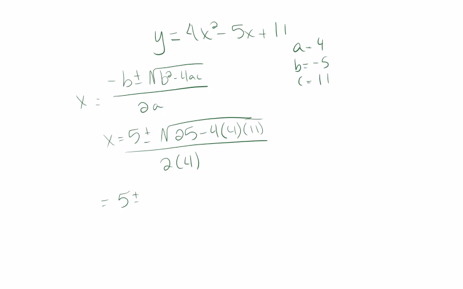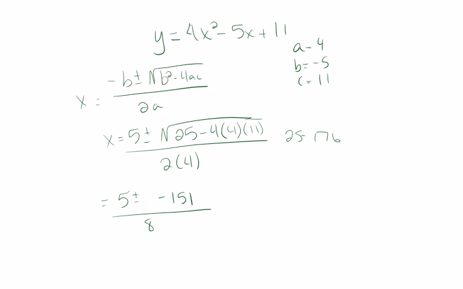So 5 plus or minus the square root of 25 minus, let's see, 4 times 4 times 11. 4 times 4 is 16, times 11 is 176. So 25 minus 176 is negative 151. Okay, all over 2A, which is 8.